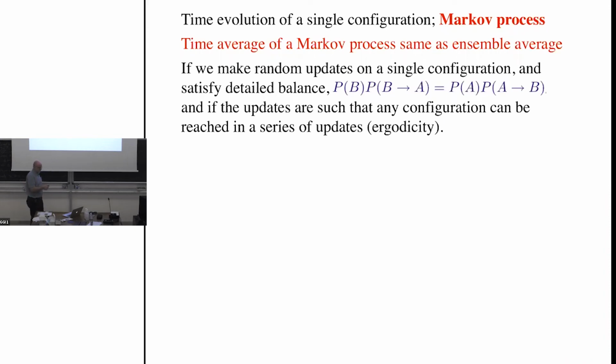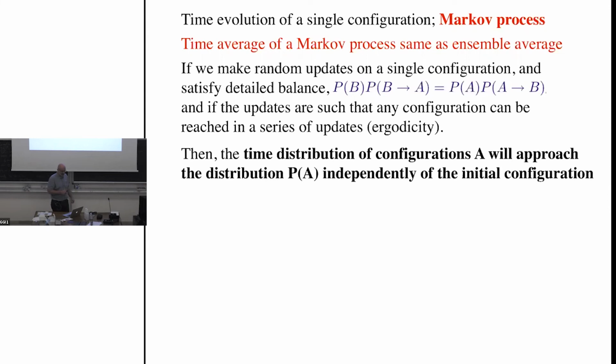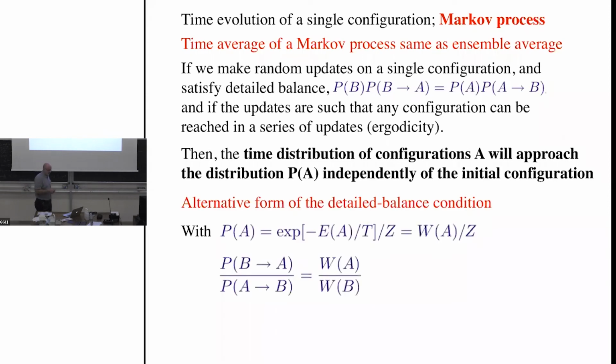So I guess everybody has studied some statistical mechanics, so you know that that's called ergodicity. So under those conditions, our process will generate, as a function of time, an ensemble which has the correct distribution.